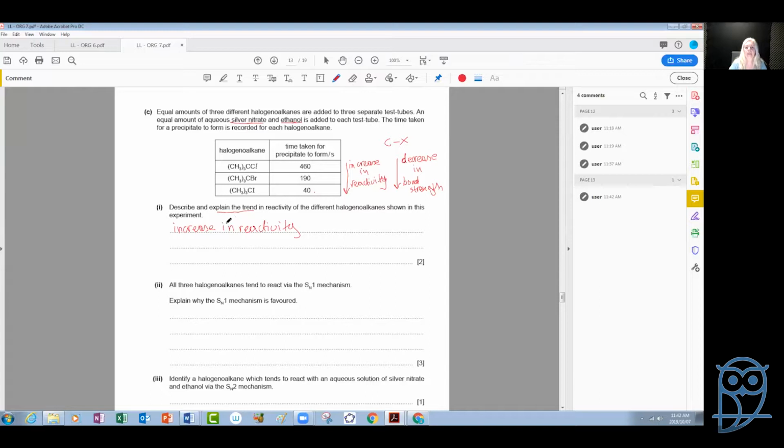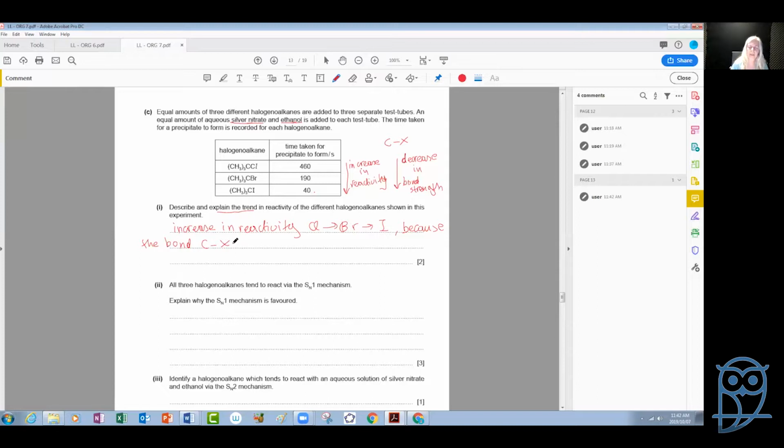We see that there is an increase in reactivity as we go from chlorine to bromine and then to iodine. And why? Because the bond between the carbon and the halogen becomes weaker, or we can say there is a decrease in the bond strength.